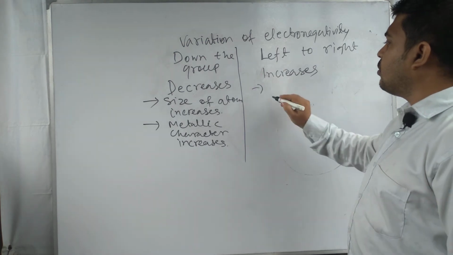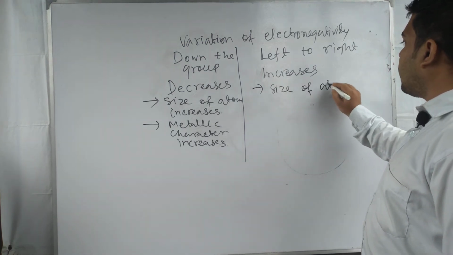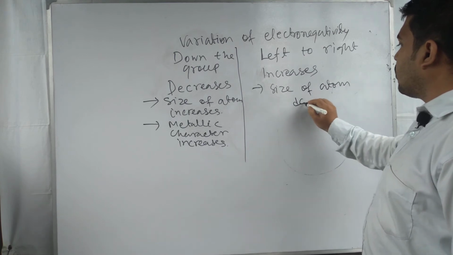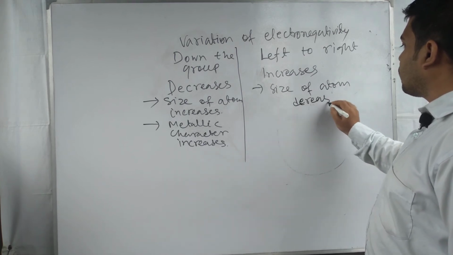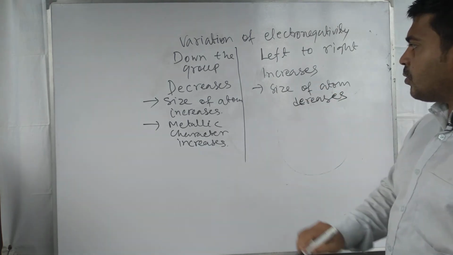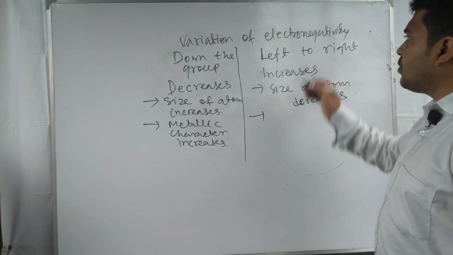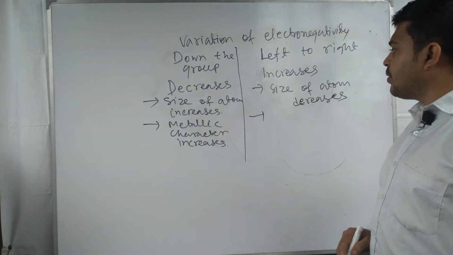There are two reasons. One is that the size of atom decreases from left to right, and for this reason electronegativity value increases.